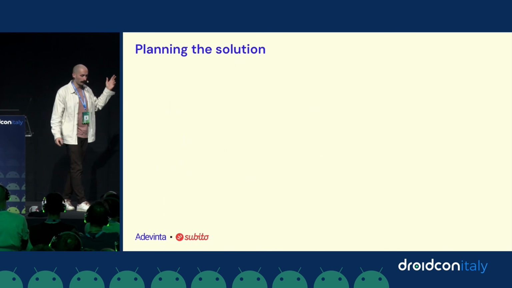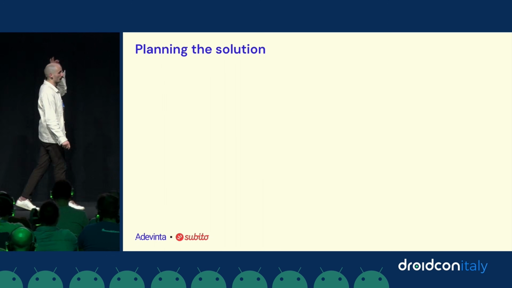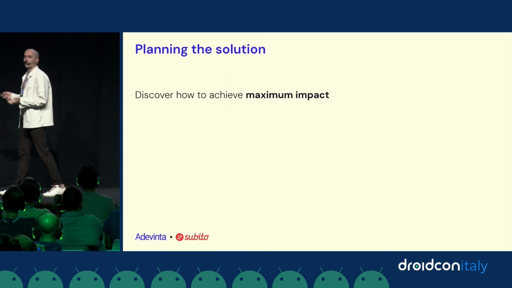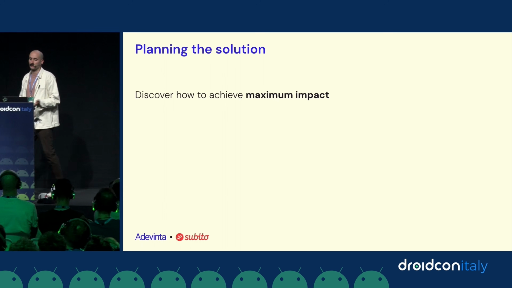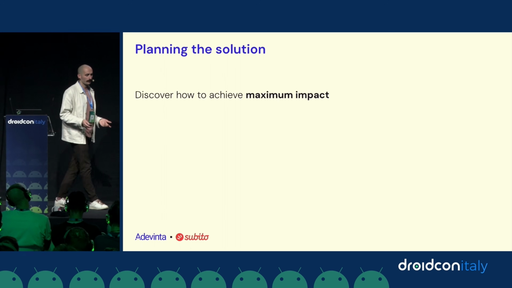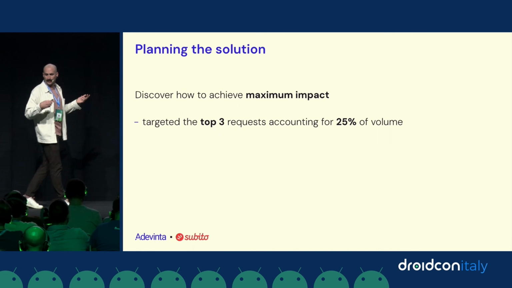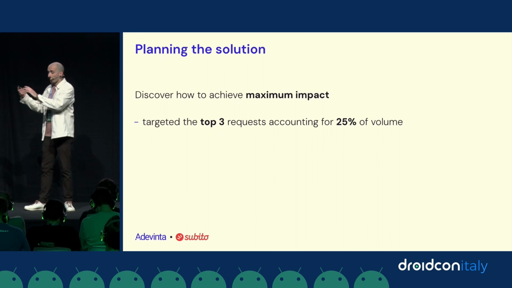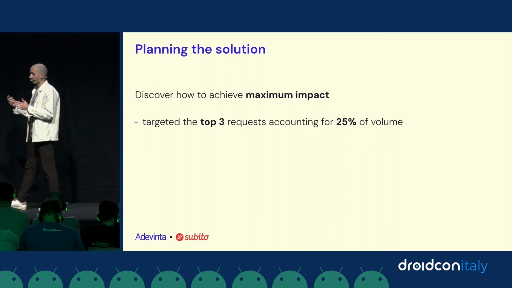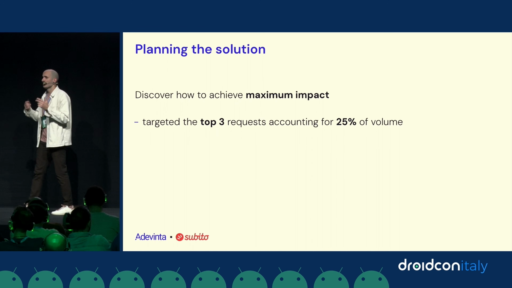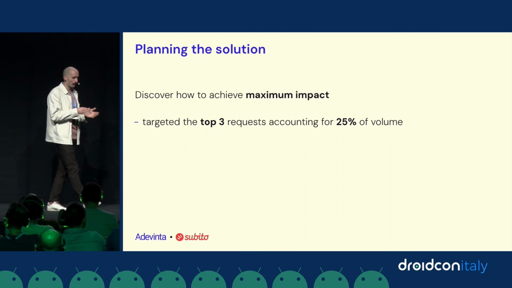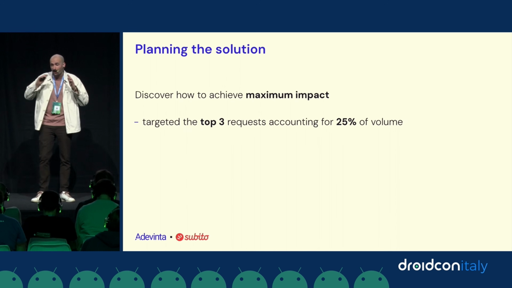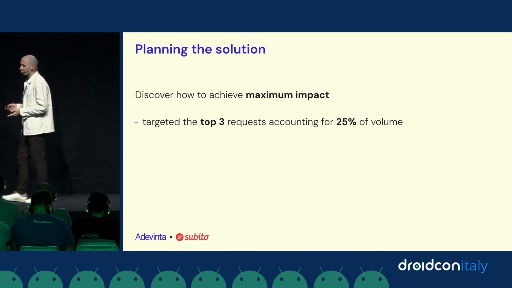So now that we set the goals, it was time to plan the solution. We had to discover how to achieve the maximum impact in the minimum time. So first, we analyzed all the tickets we were getting from the users about the transaction, and we found out that the top 3 tickets were amounting to 25% of the whole volume of tickets.